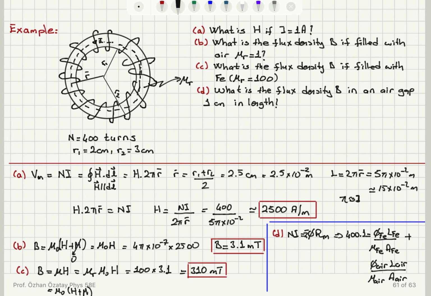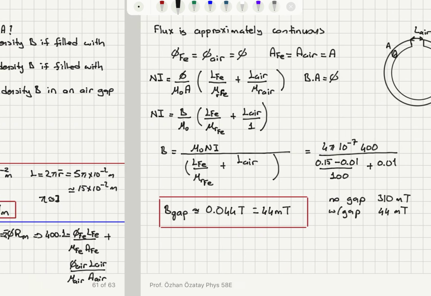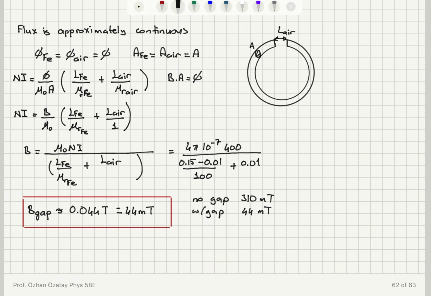If I introduce an air gap, then I have a reluctance that is due to the iron part and the air part. The reluctance due to the iron part is the length of the iron part divided by mu iron area iron. The reluctance of the air part is the length of air divided by mu air area air. The flux is assumed to be continuous. The area is the same. There is no change in the cross-sectional area.